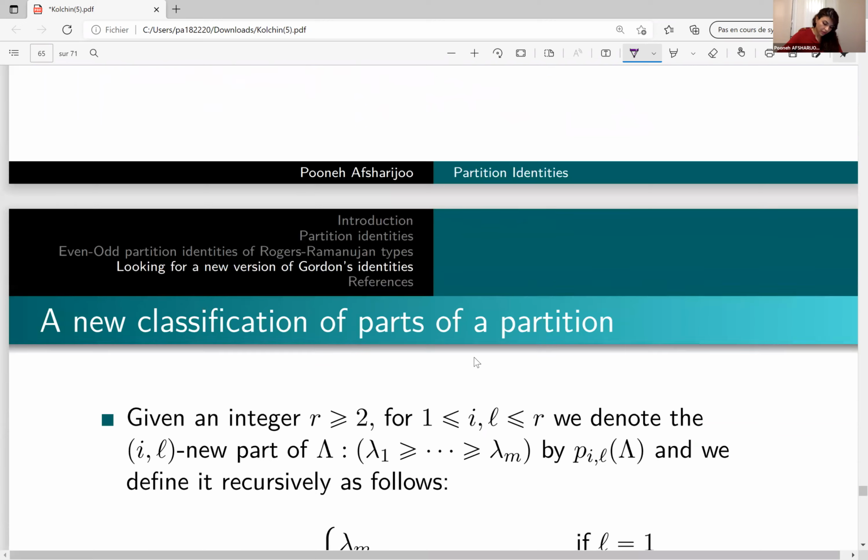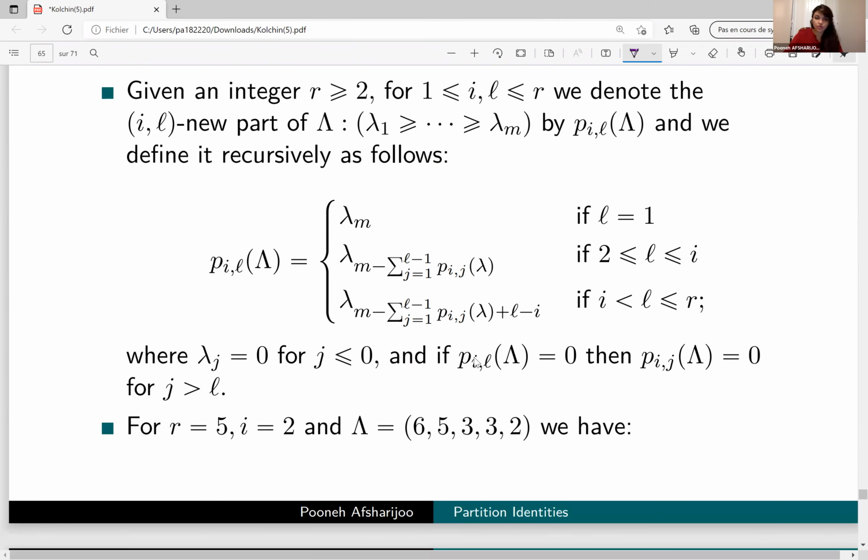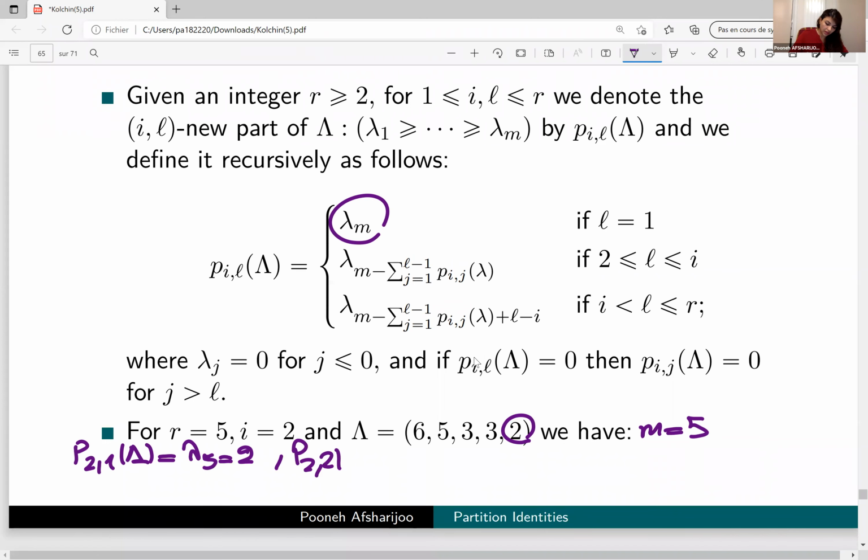For example, if I take i equal to 2 and r equal to 5 and this partition, the length of this partition is equal to 5. P21 of lambda by definition is the smallest part, which is equal to 2. P22 of lambda, we are here, so it's lambda m minus the previous new part, lambda 3, it is equal to 3.